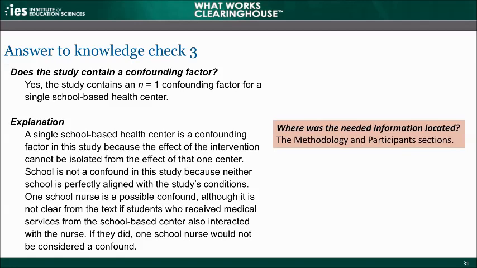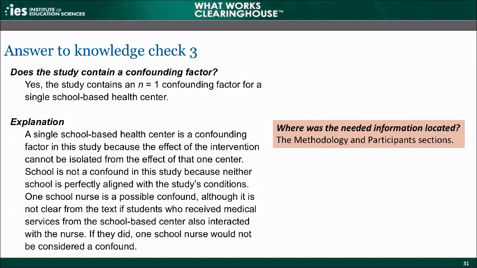And I think that should be clear. But now where things get a bit more dicey is in this next sentence. School is not a confound in this study because neither school is perfectly aligned with the study conditions. What we mean is that neither school A nor school B is perfectly aligned with the study conditions.